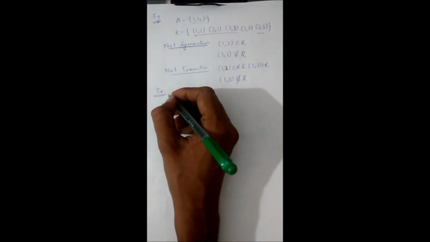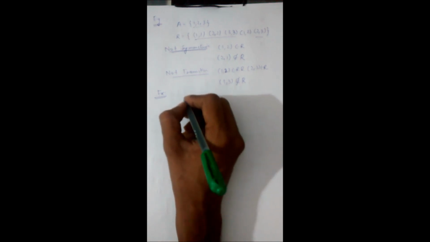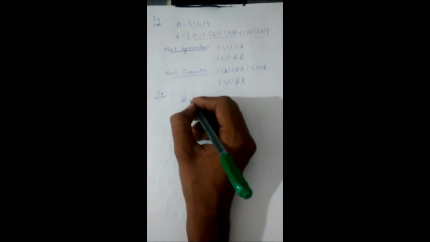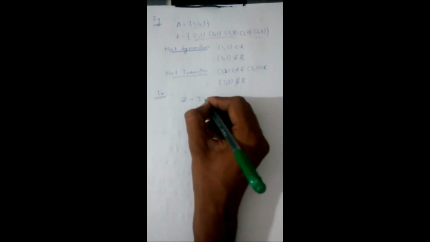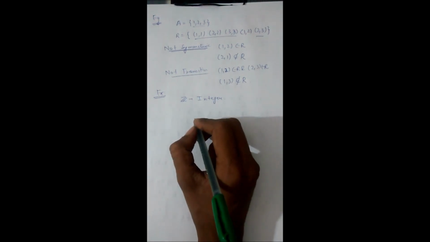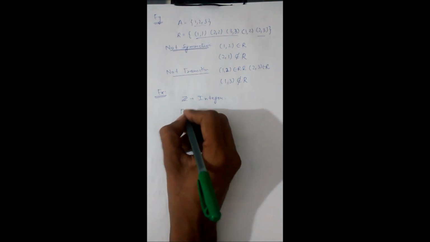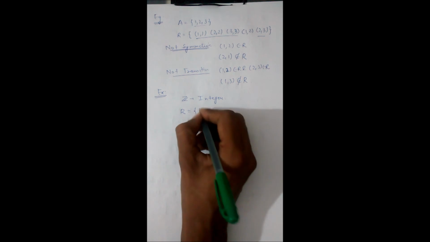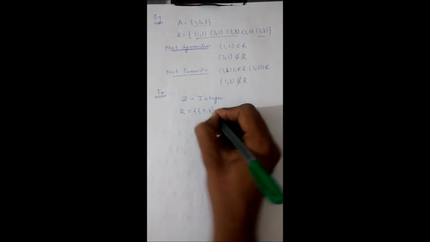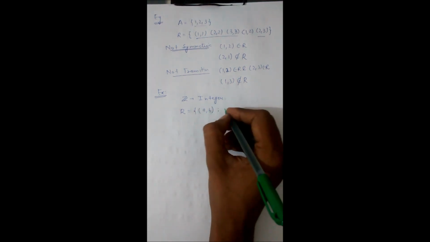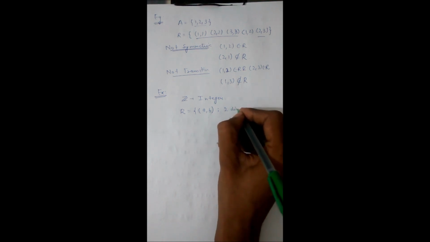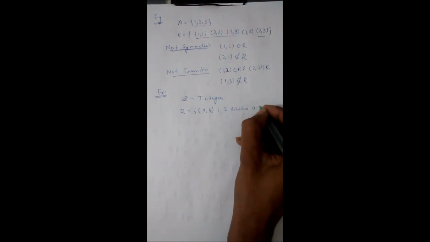Similarly, another example. Now I choose my set of integers, where I will find my relation R. This is the set of integers. So R on this is defined as the ordered pair (a,b) such that 2 divides a minus b.